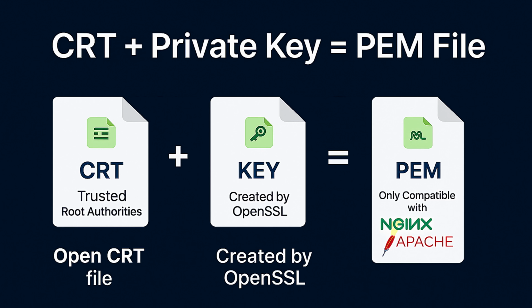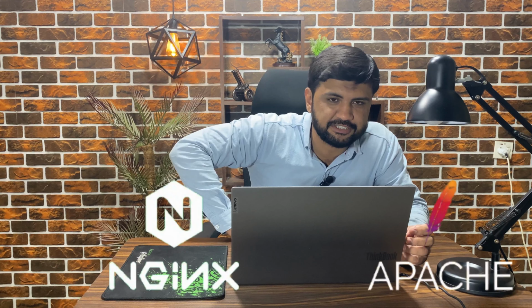You need to open them in any editor, Notepad++ or simple Notepad, copy the content of both files, paste it into a separate file, and save that file with the extension .pem. In that way you can create a PEM file which you can easily use inside Nginx or Apache.